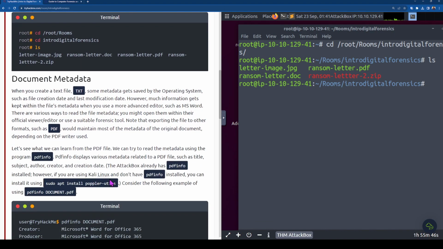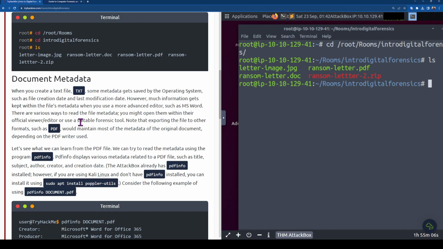All right, so we are going to look at document metadata. It says, when you create a text file, that's files that end in .txt, some metadata gets saved by the operating system, such as file creation date and last modification date. However, much more information gets kept within the file's metadata when you use a more advanced editor such as Microsoft Word.